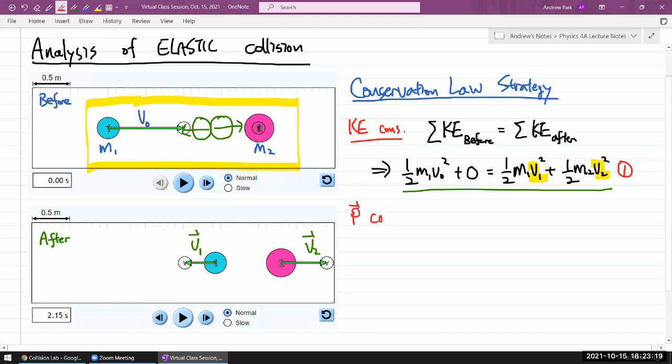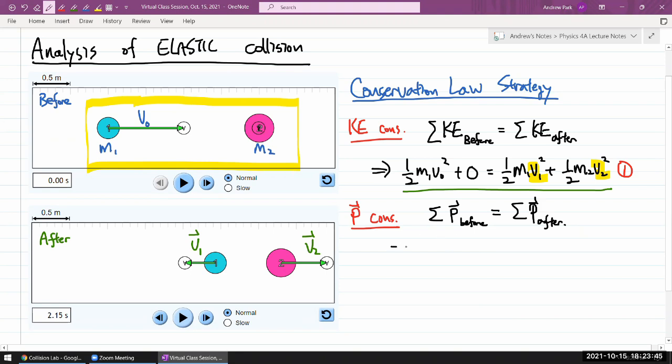momentum is conserved. And once you can say that momentum is conserved, that gives you another equation that you can write down. You can say that the total sum of the momentum before collision is equal to the total sum of the momentum after the collision. So, okay, I need to write that down.